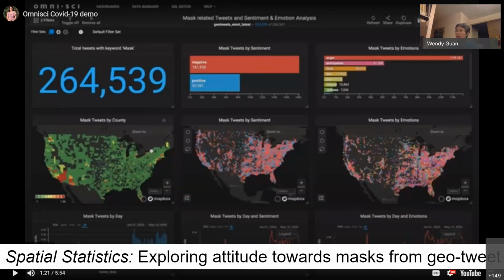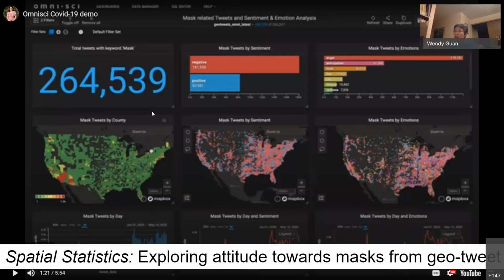And here's one example, which is analyzing geo-tweets, right? We know tweets, and for some of the tweets, when they were sent, the user had their device GPS turned on, so their tweets had a lat-long location marked on them. And we harvested all the tweets that have a lat-long location associated with them, and then fed them into our fast big data platform.